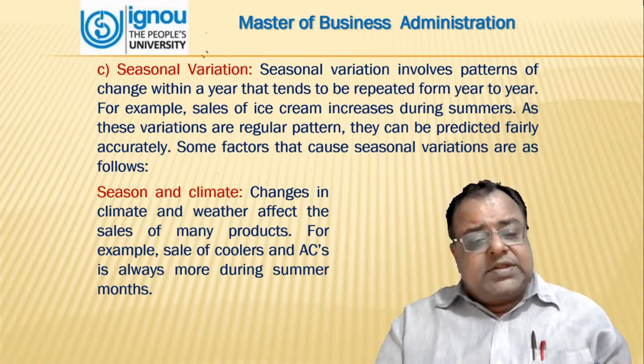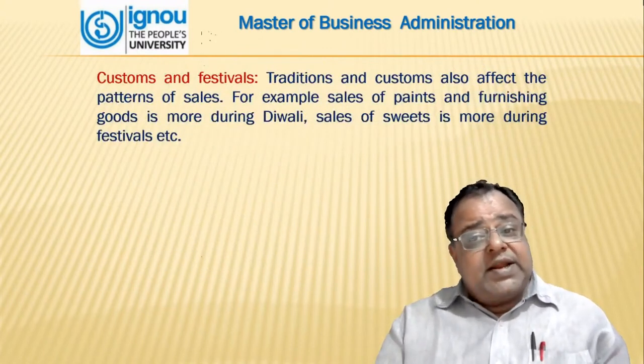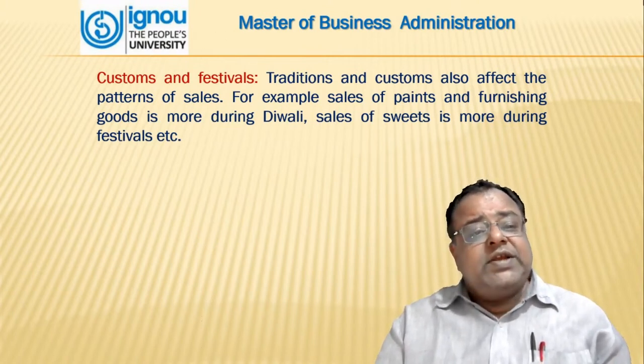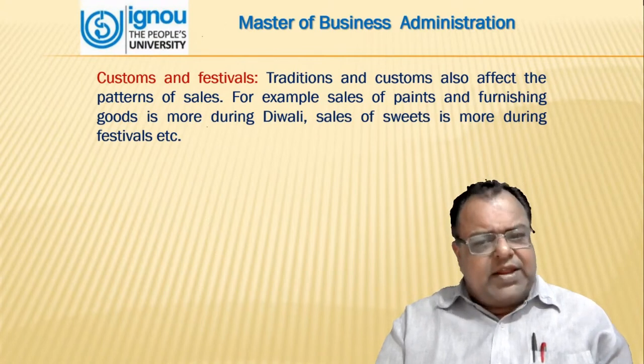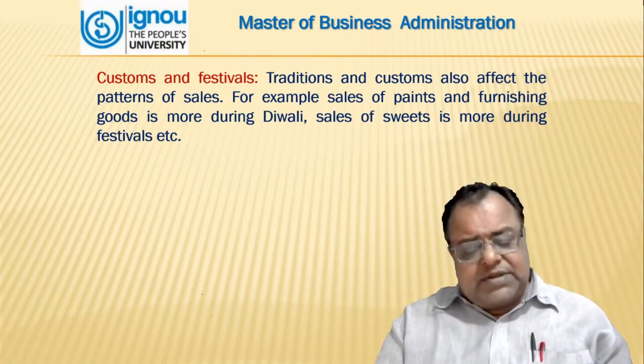For example, sales of coolers and ACs are always more during summer months. Customs and festivals also affect the pattern of sales. For example, sales of paints and furnishing goods are more during Diwali. Sales of sweets are more during festivals, etc.